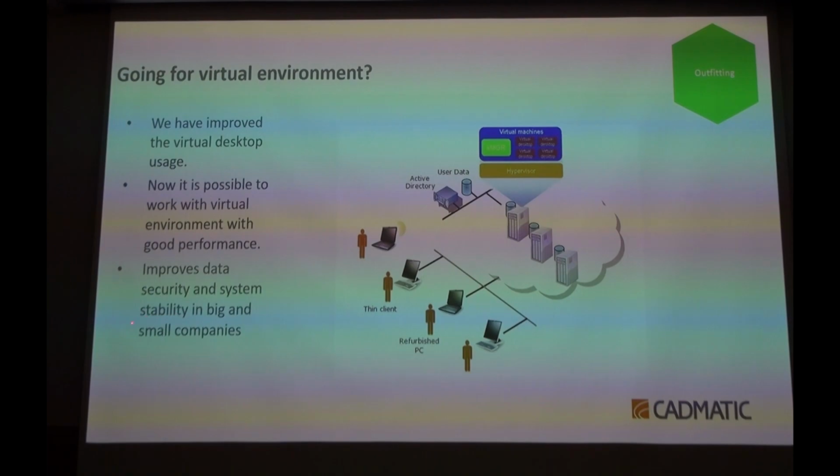For small companies, you don't have to have your own data center. You can buy from Azure Cloud, easy. You just buy a cloud and put your environment there. Even for a small company, it is very fast to start. No need to worry about IT personnel. Backup and everything is much easier.